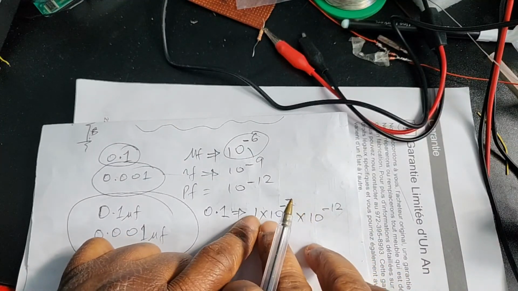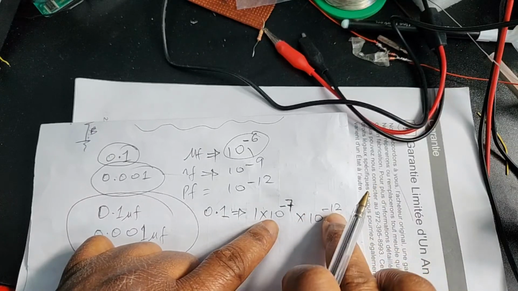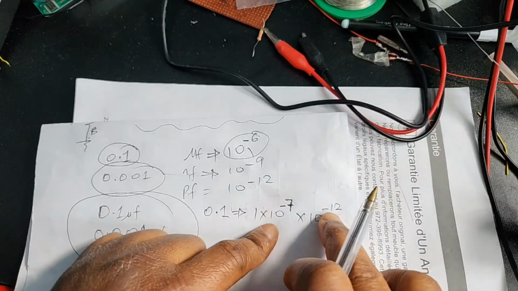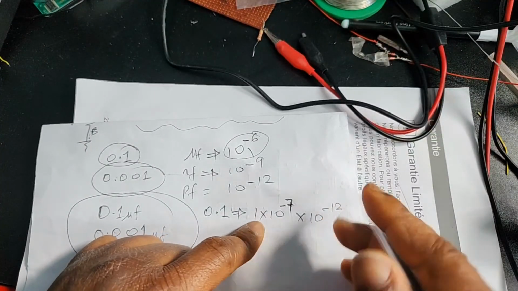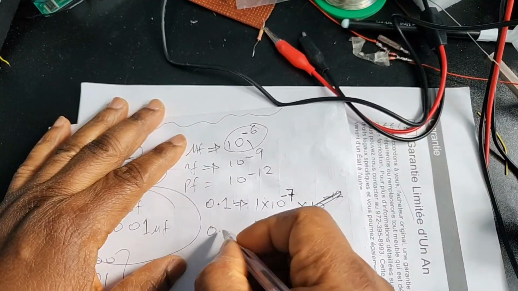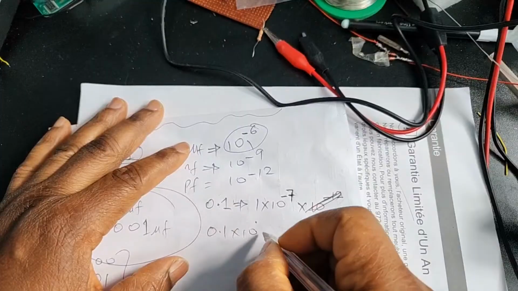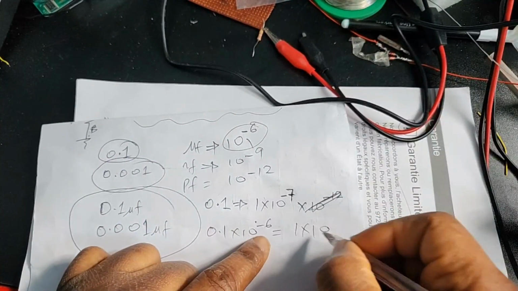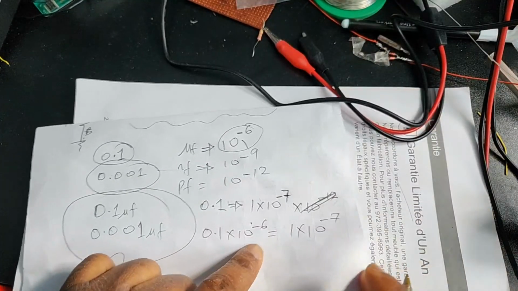Now, I want to convert this to picofarads. So what do I do to make it a picofarad? Not this one here. So let's start afresh. 0.1 times 10 raised to the power minus 6 is the same thing as 1 times 10 raised to the power minus 7.